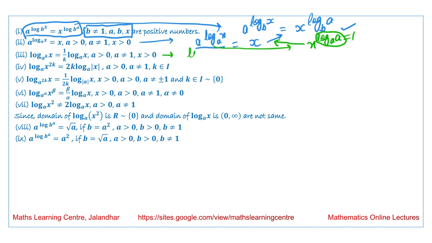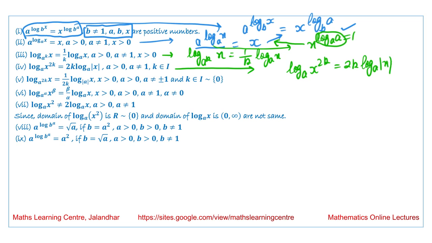Next is log to the base a of x raised to the power k. We have seen that this is equal to 1 by k log of ax. This result we have already seen in our previous slide. The next result is log to the base a of x raised to the power 2k, that is equal to 2k log a of mod x.